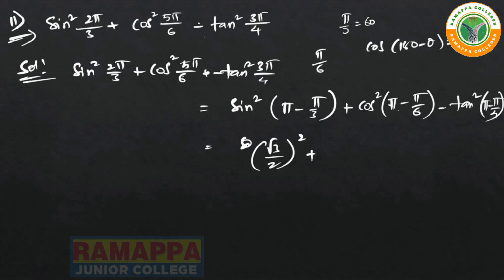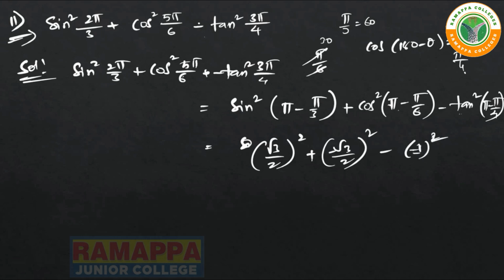Pi by 6 is 30 degrees, and cos 30 is root 3 by 2, so root 3 by 2 whole square. Here minus, minus also will become plus. And minus tan square pi by 4: tan pi by 4 means tan 45, which is 1, so minus 1 whole square will come here.